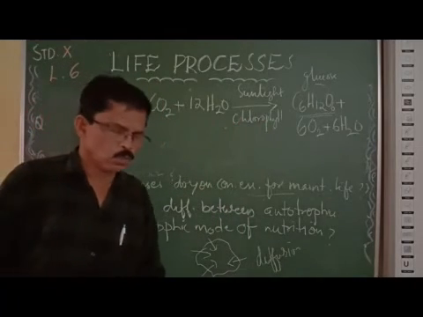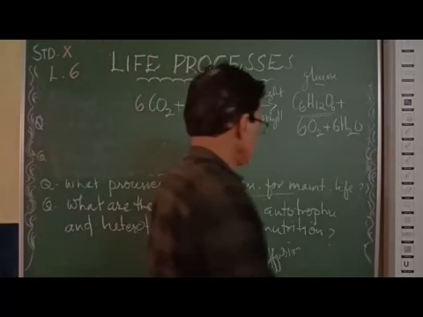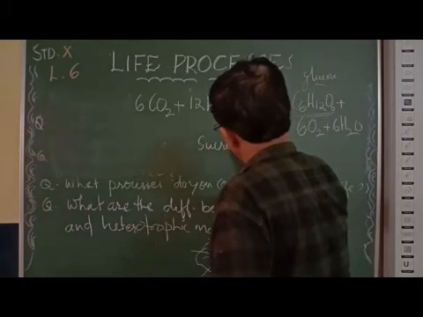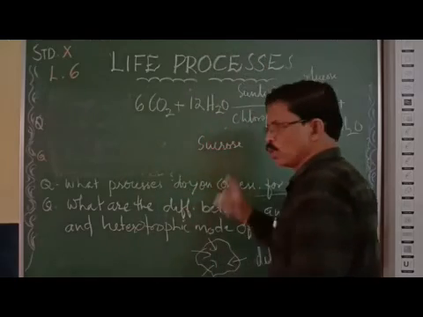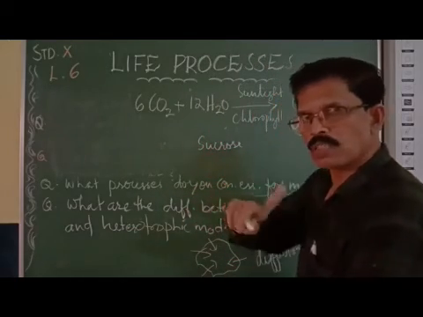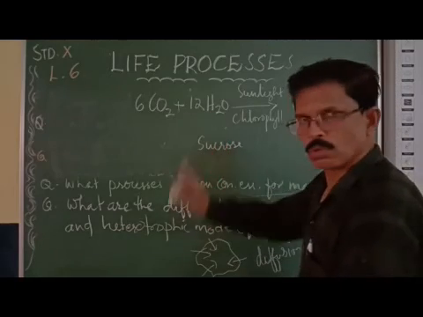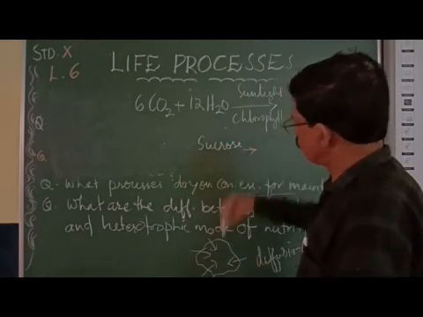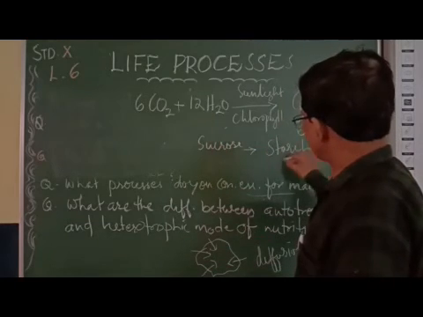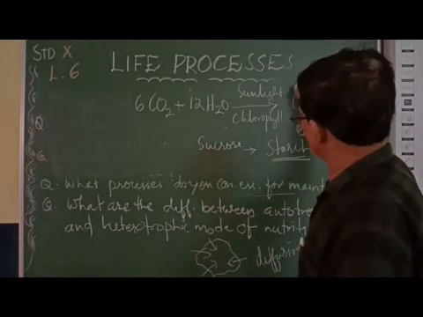So soon the glucose will be converted to sucrose. Sucrose is made up of 2 molecules of glucose. It's a disaccharide. Glucose plus glucose forms sucrose. Then a large number of sucrose molecules together form starch. So ultimately, starch is formed from glucose.